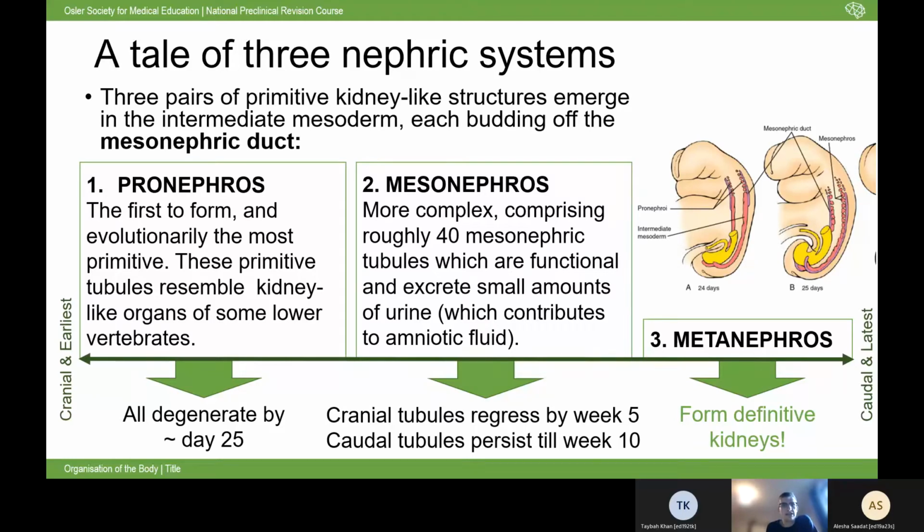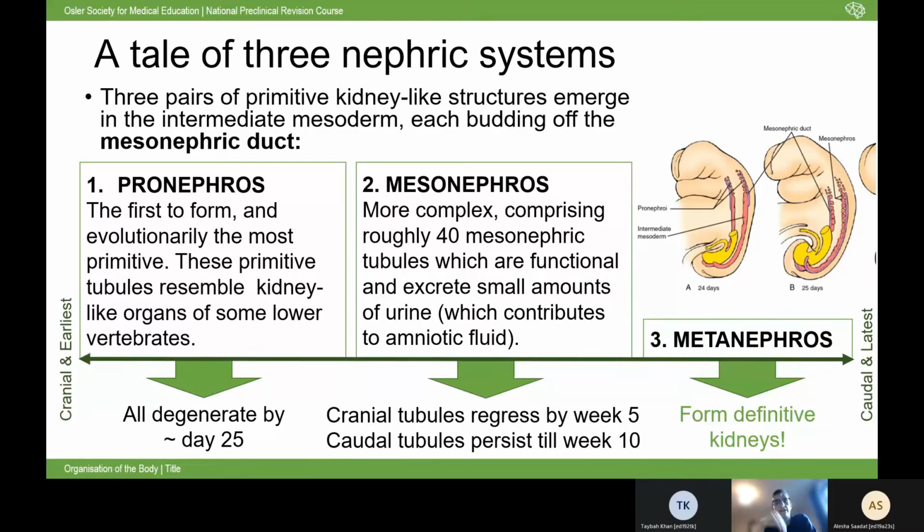So within that intermediate mesoderm, you get a structure called the mesonephric duct. And then sequentially, you get these structures that I'm about to talk about budding off that duct. The first of these is the pronephros, which is the earliest structure. It's evolutionarily the most primitive, and it's basically like some basic tubules branching off the mesonephric duct. And these quite rapidly degenerate.